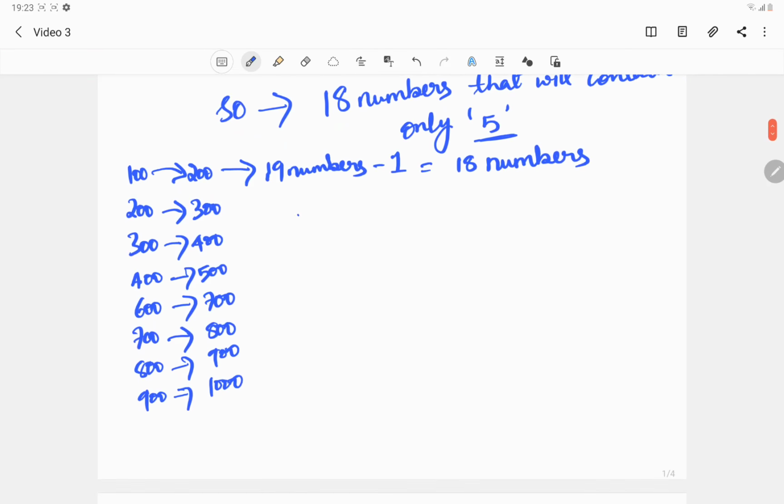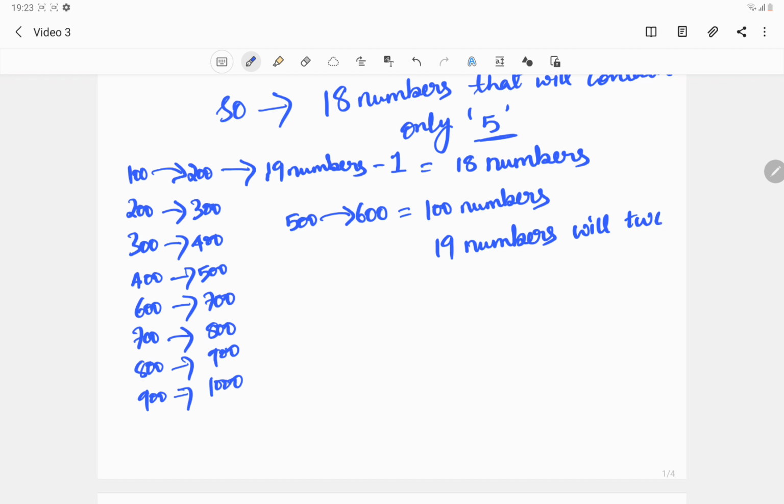What is happening between 500 to 600? There are 100 numbers, out of which 19 numbers will have 2 or more 5s, because 18 will have two 5s and one number will have three 5s.